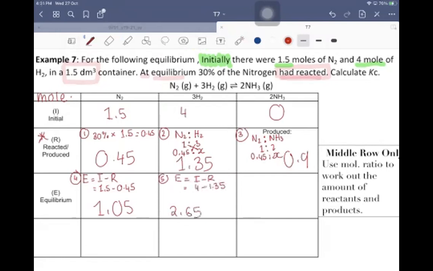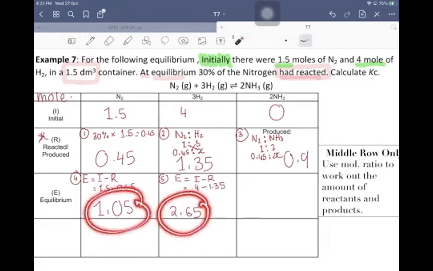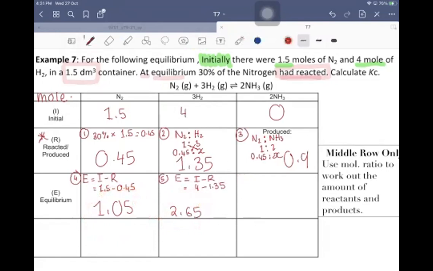So again, this is an example that tells you the reactants don't always have the same number. Okay, products. Step number 6, products is a little bit different. At equilibrium, it should be initial plus produced. So that means 0 plus 0.9, you should get 0.9.